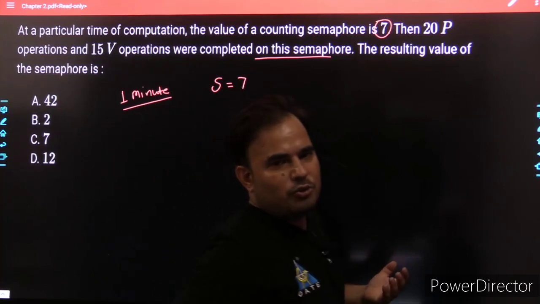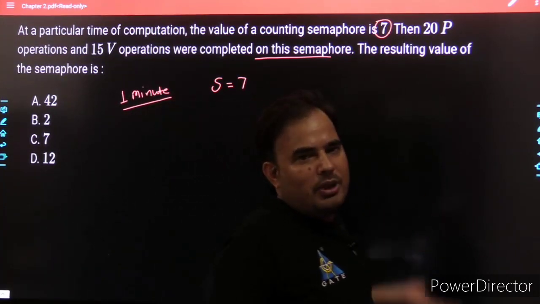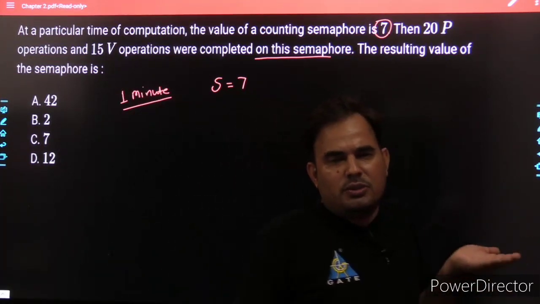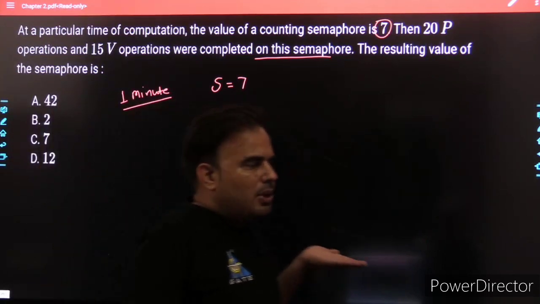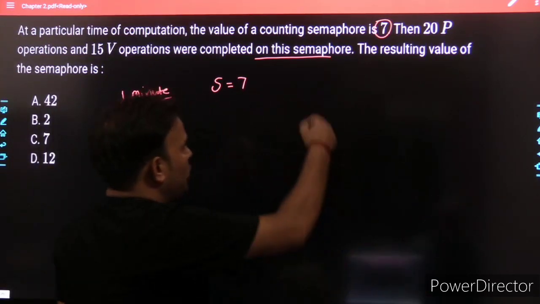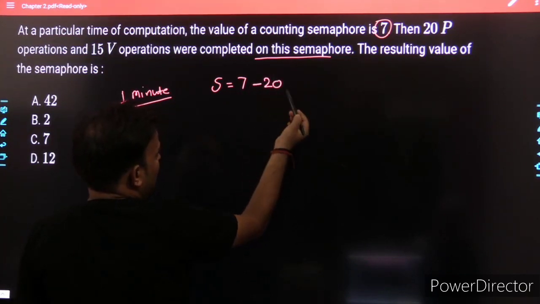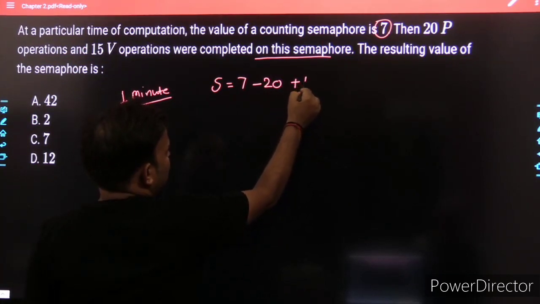Wait operation, or P operation, means down the semaphore value by 1. And V operation, or up operation, means increase the counting semaphore value by 1. So here 20 P operations, so minus 20, and 15 V operations, plus 15.